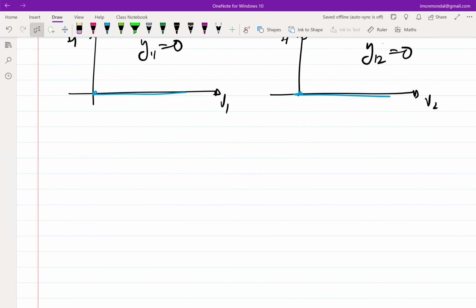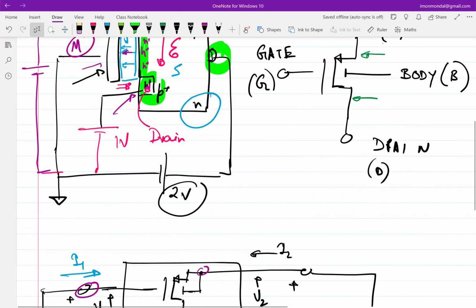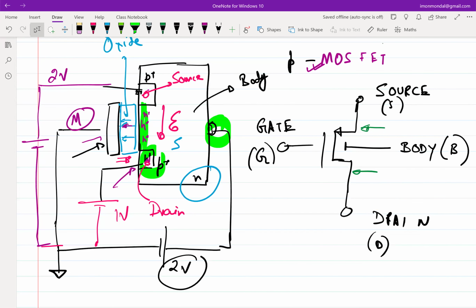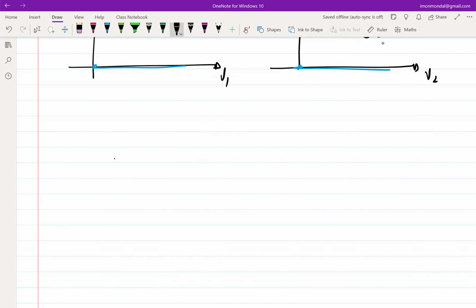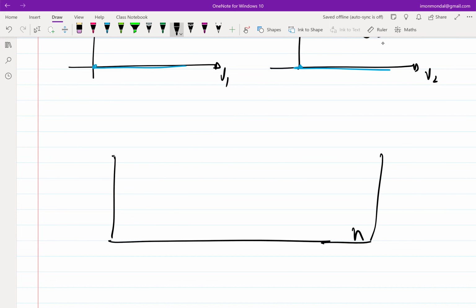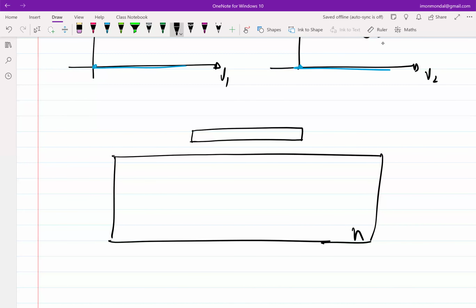So now I will again rotate this. I have been rotating this between 90 degree and 0 degree, right? So let's rotate it around again and then try to figure out how it should look like. I'm rotating it so that this is N type, and you have a distribution here.